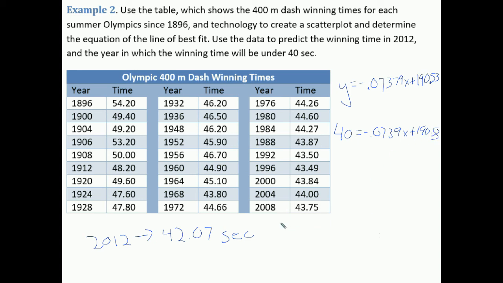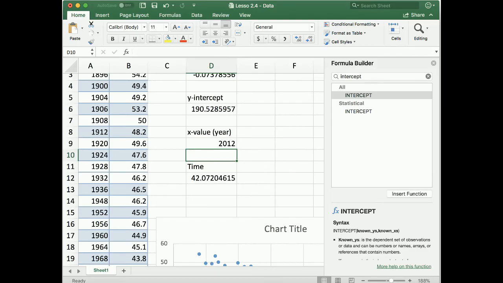To solve this, we could subtract the 190.53 from both sides. So I'm going to do 40 minus 190.53, which is negative 150.53, equals negative 0.07379x.